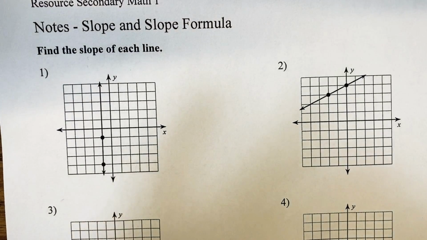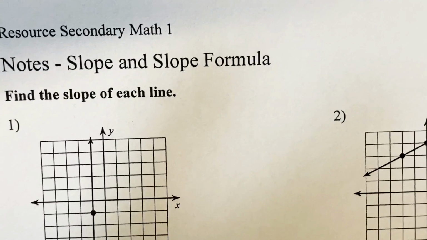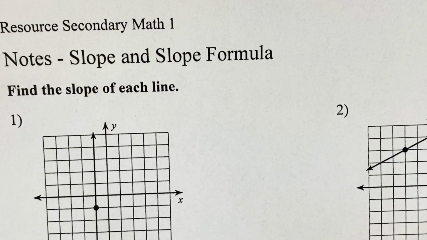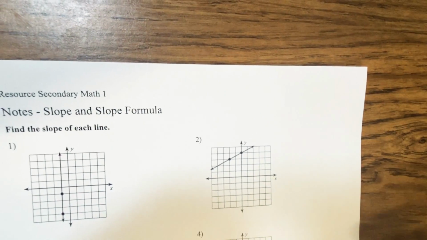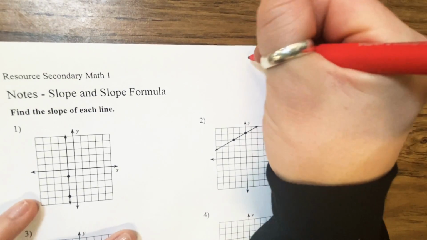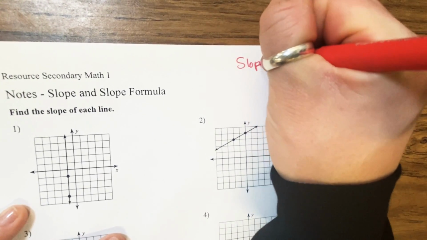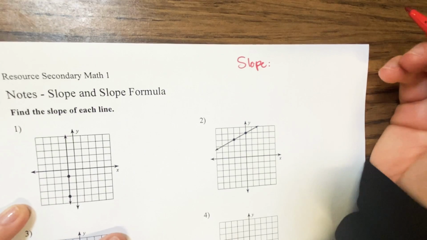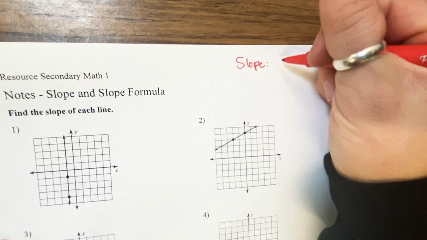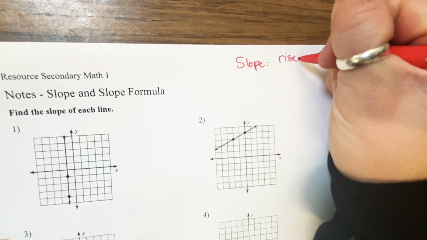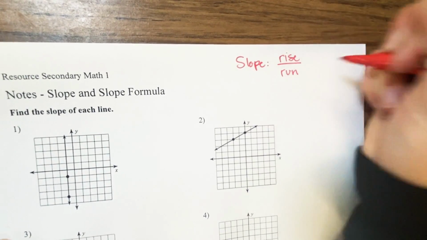So let's go ahead and define slope really quick. Okay, so in the top right hand corner of our page, let's go ahead and write down what they mean. So on the top right hand side, I want you to write slope. Okay, and slope is always what we call rise over run.